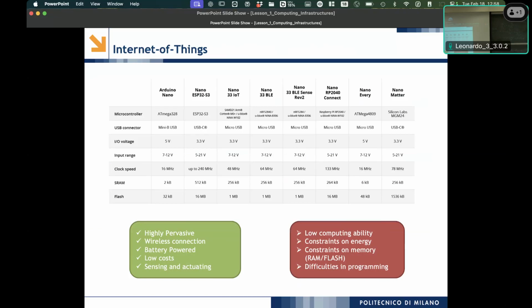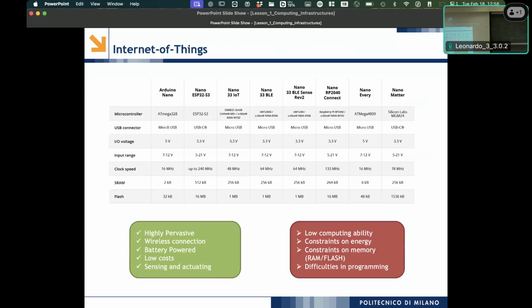You have Bluetooth Low Energy and Zigbee. These are protocols that also offer network discovery as a feature and have low power consumption. They all run on battery power, and they also have low cost. Here we're really talking about a few dollars for each of these devices.